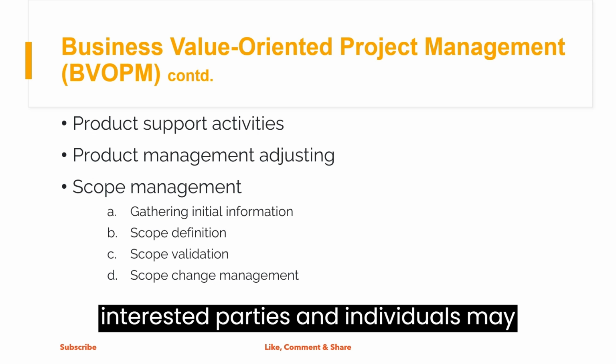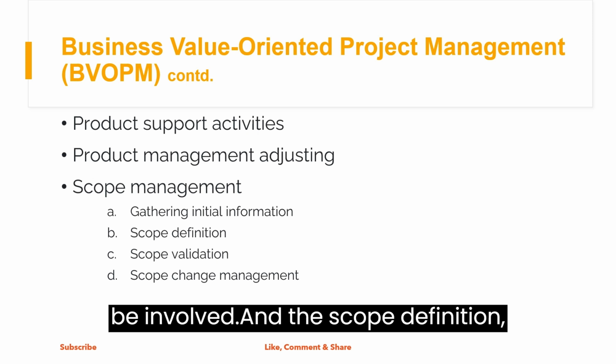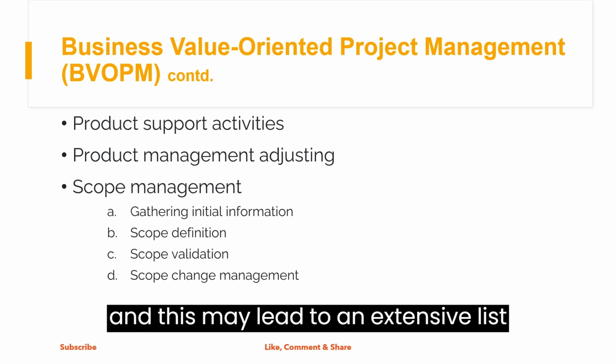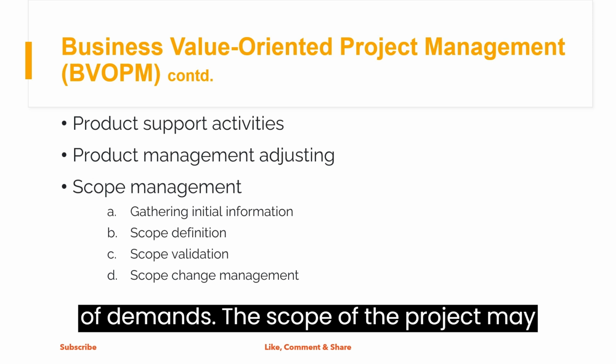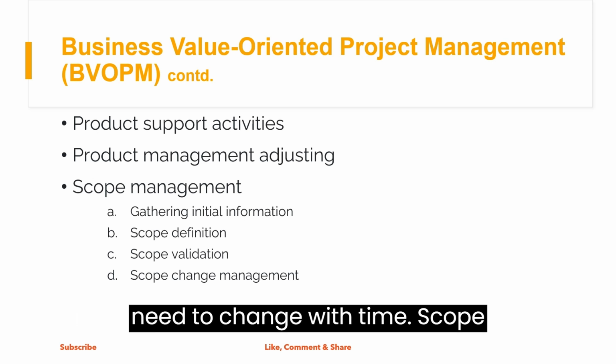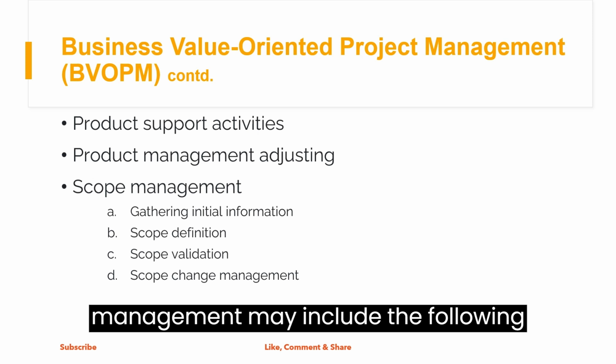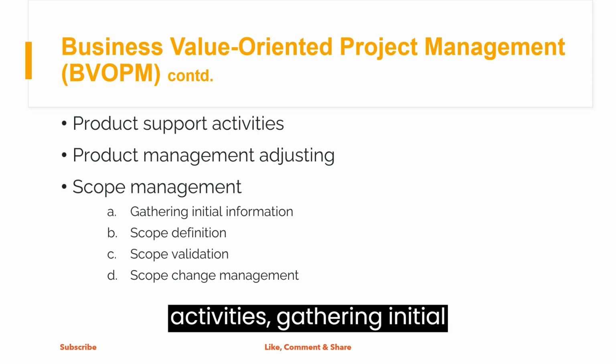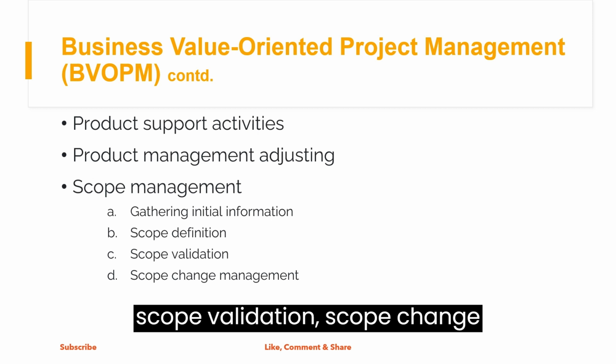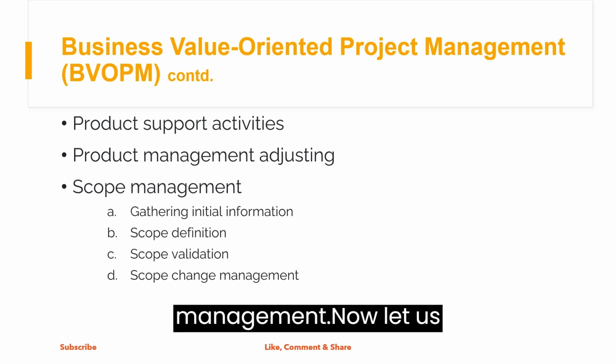Many interested parties and individuals may be involved in the scope definition, and this may lead to an extensive list of demands. The scope of the project may need to change with time. Scope management may include the following activities: gathering initial information, scope definition, scope validation, scope change management.